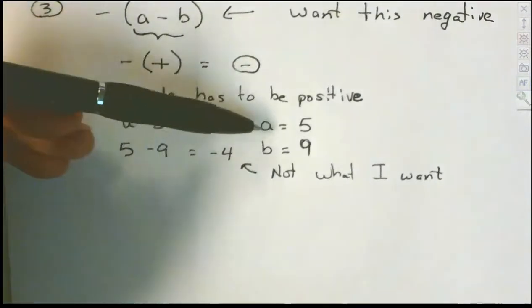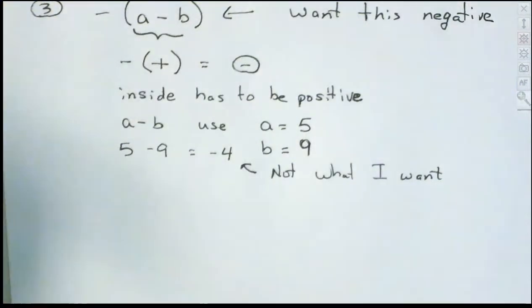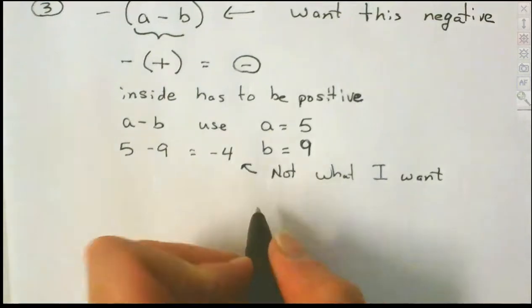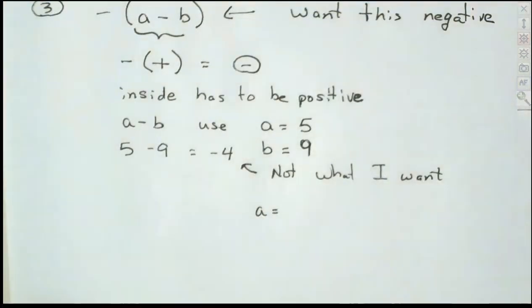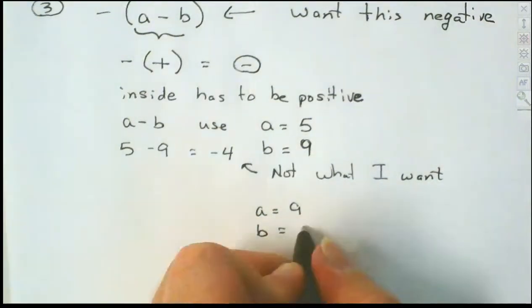Now, if I use A is 5 and B is 9, it's not going to work for us. But what's going to happen if I switch them around? What if I make A 9 and B 5?